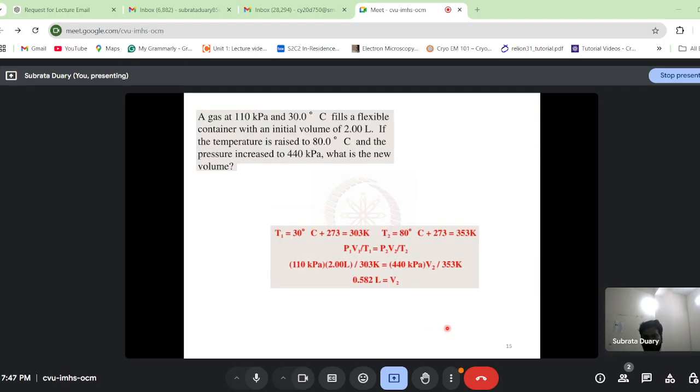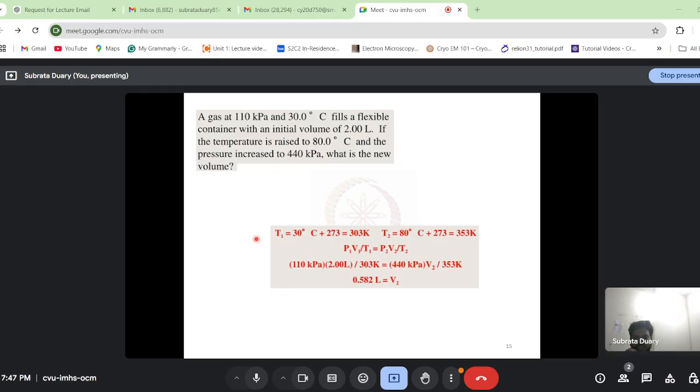Now a gas at 110 kilopascal and 30 degrees Celsius fills a flexible container with an initial volume of 2 liter. Now if the temperature is raised to 80 degrees Celsius, what could be the value of V2?